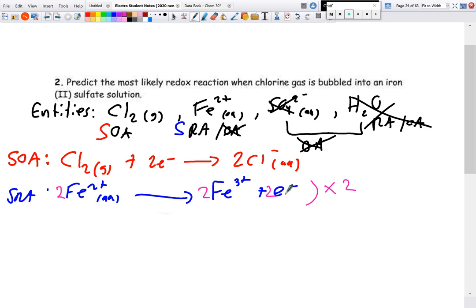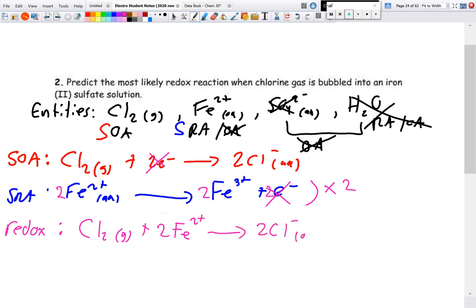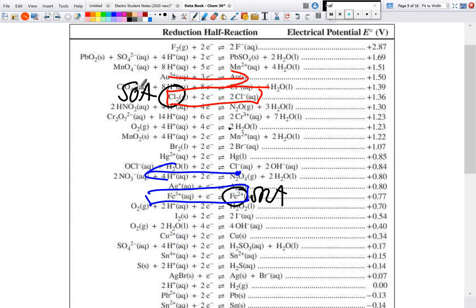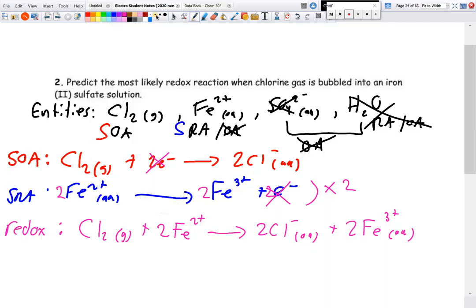So now the electrons cancel out, and what we are left with is Cl2 gas plus 2 Fe2 plus produces 2 Cl minus, plus 2 Fe3 plus. And of course, we need to determine if this is spontaneous or not. We have our strongest oxidizing agent above our strongest reducing agent, so this is indeed spontaneous.